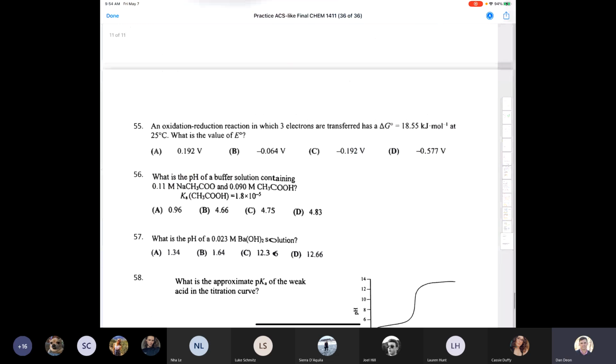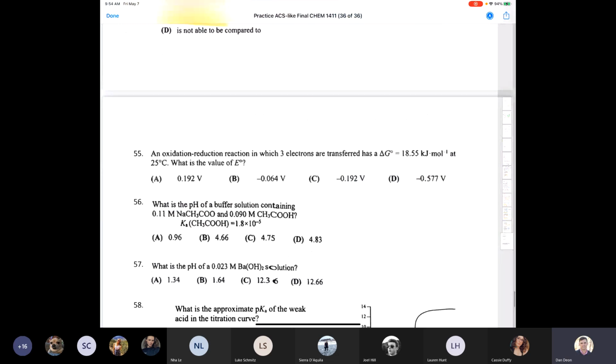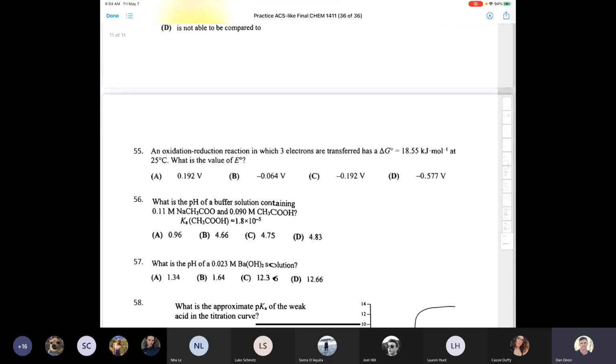Okay, question number 55. You have a redox reaction in which three electrons are transferred. It has a delta G of 18.55 kilojoules per mole. What is the value of the standard reduction potential, E cell?